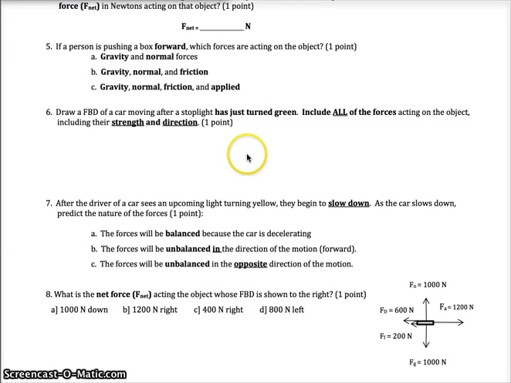So remember, the first question we always ask ourselves after we are asked to draw a free body diagram is whether or not this is a balanced or unbalanced free body diagram. Think about it. Is a car going to accelerate, slow down, be at constant speed, or stopped after the stoplight has just turned green? So write somewhere on here whether or not that's balanced or unbalanced.